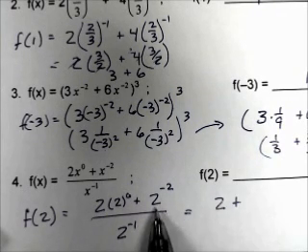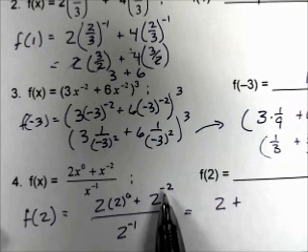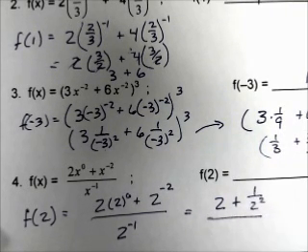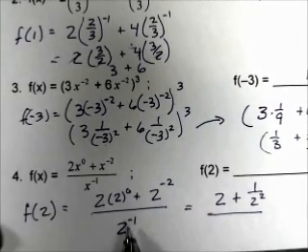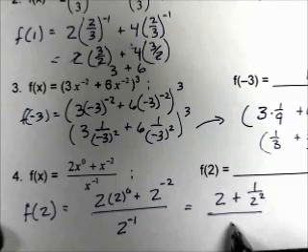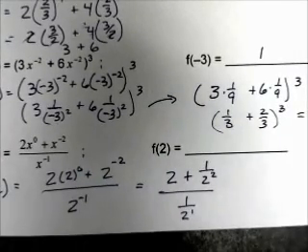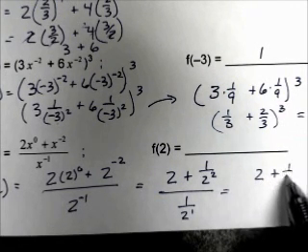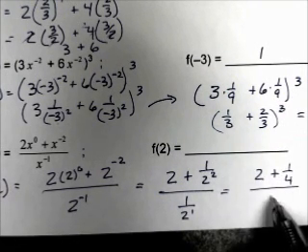Plus, to take care of the negative, I would write this as 1 over 2 squared. And again, to take care of the negative 1, we would write this as 1 over 2 to the positive 1. So we have 2 plus 1/4 divided by 1/2.